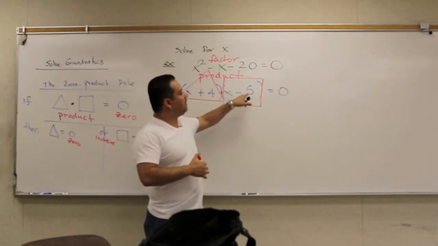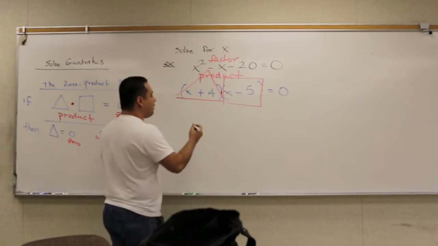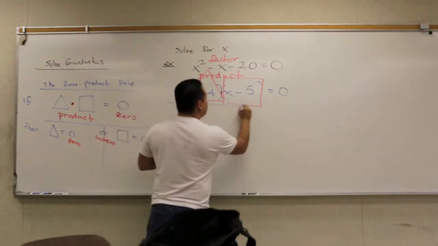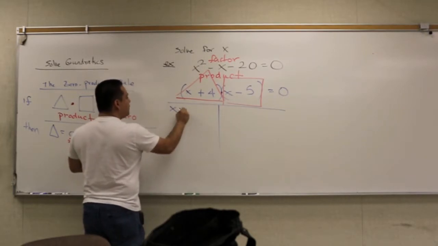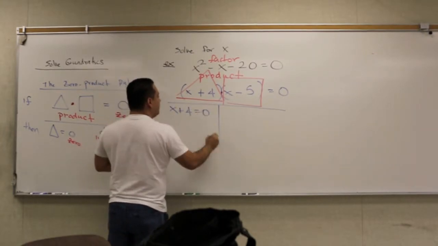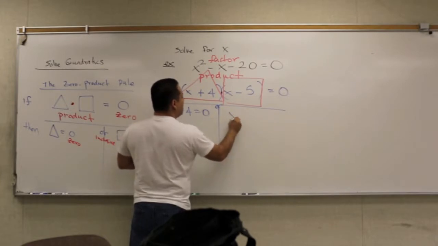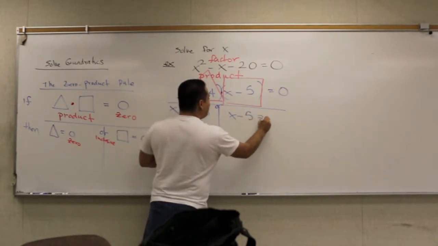Triangle times square is 0. What does the zero product rule say? That means your triangle, which is x plus 4, is 0, or the square, which is x minus 5, is 0.